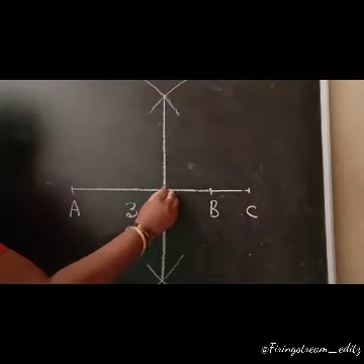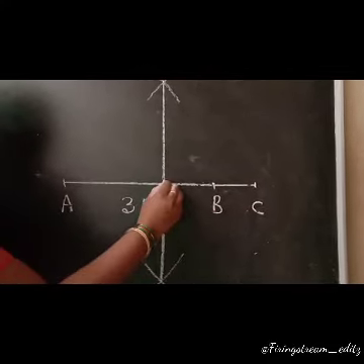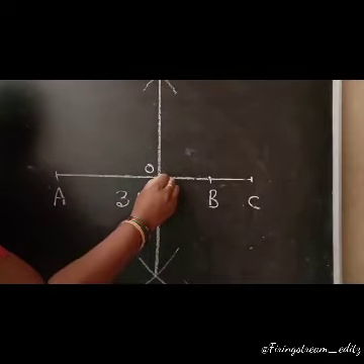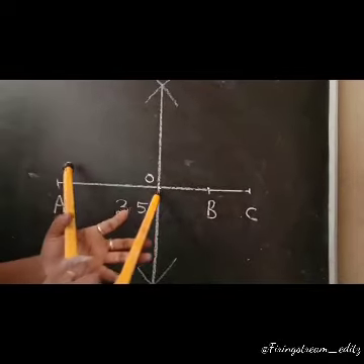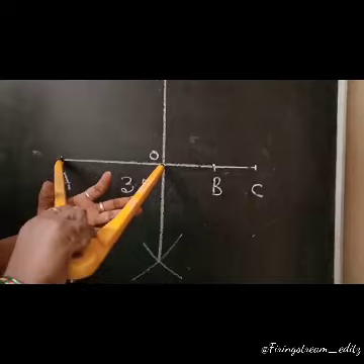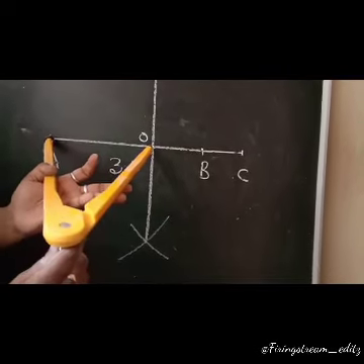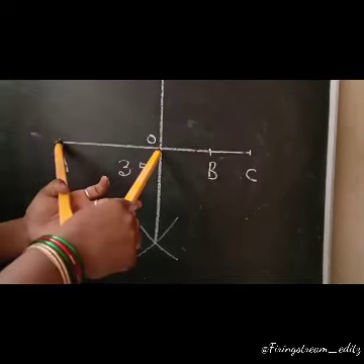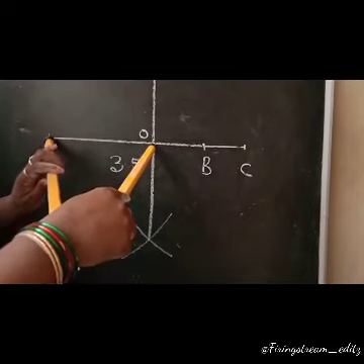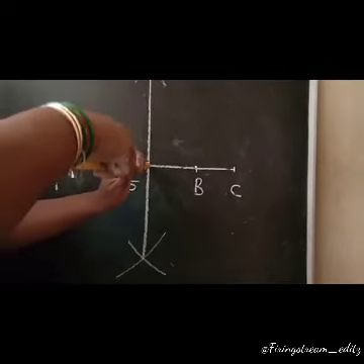Now we got the midpoint of AC. The midpoint is O. OA as center. Draw a semicircle.